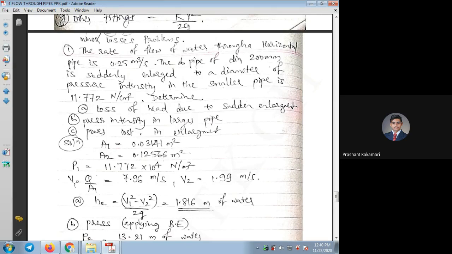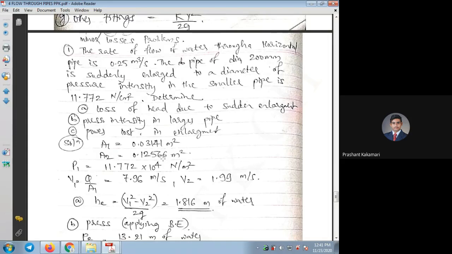Then pressure intensity at pipe 1, the small pipe, is given as 11.772 into 10 raised to 4 Newton per meter square, after converting centimeter square to meter square. Then from the equation of sudden expansion, (V1 square minus V2 square) by 2g, velocity values should be known to us.